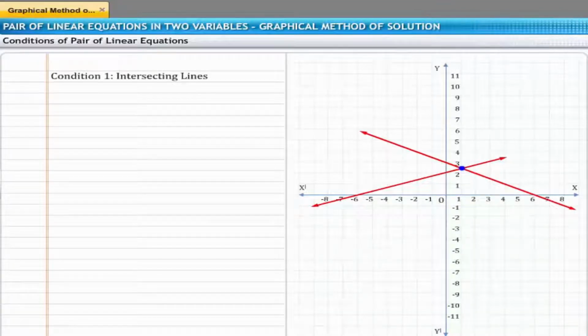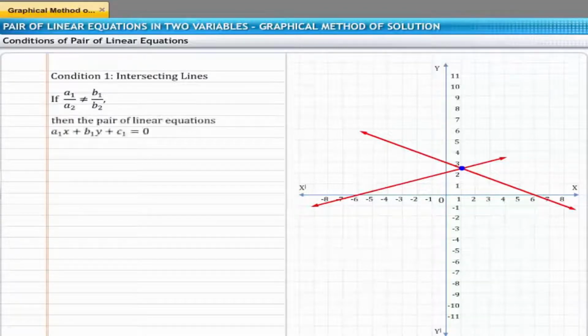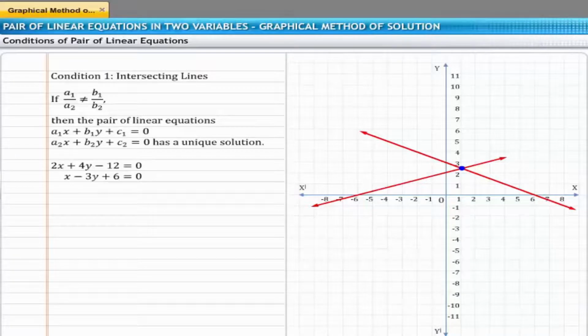This is possible only if a1 divided by a2 is not equal to b1 divided by b2. Then the pair of linear equations will have a unique solution. Consider the pair of linear equations given here. Here a1 is equal to 2, b1 is equal to 4, a2 is equal to 1, and b2 is equal to -3.